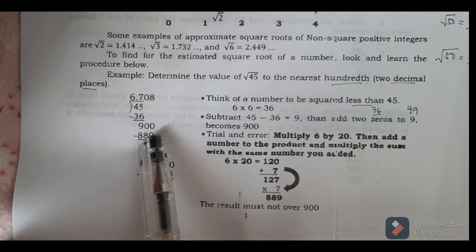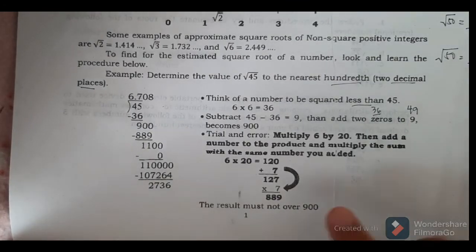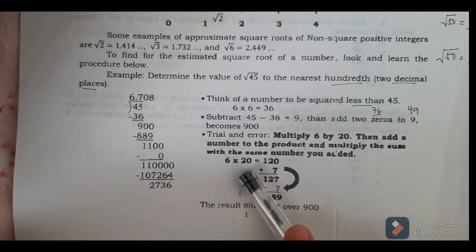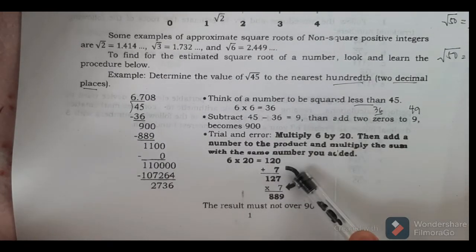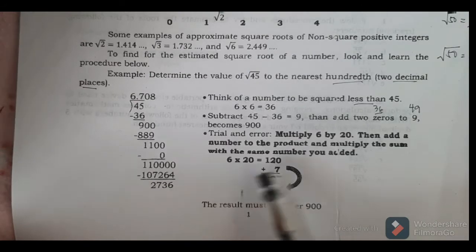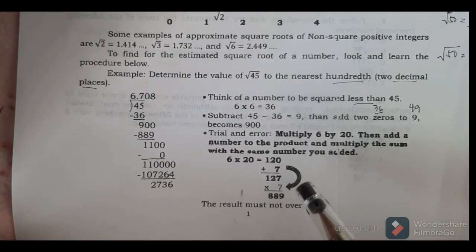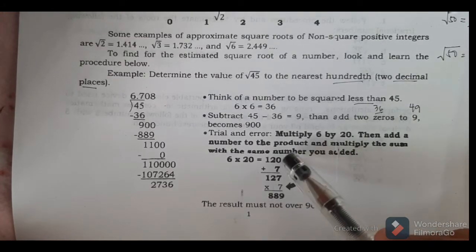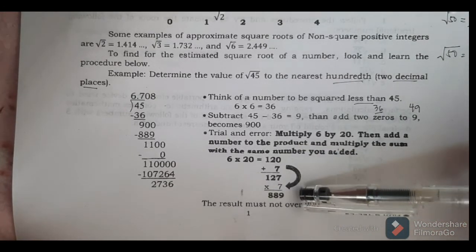Ayan, through trial and error, multiply 6 by 20, then add a number to the product, and multiply the sum with the same number you added. Okay? So, yung 6, imumultiply natin siya by 20. So, that is 120. Then, we're going to add 7, yung kasunod ng 6. Then, kaya naging 127. Then, we're going to multiply also by 7, kung ano yung inadd natin, yun din i-multiply natin by 7, and that is 889.